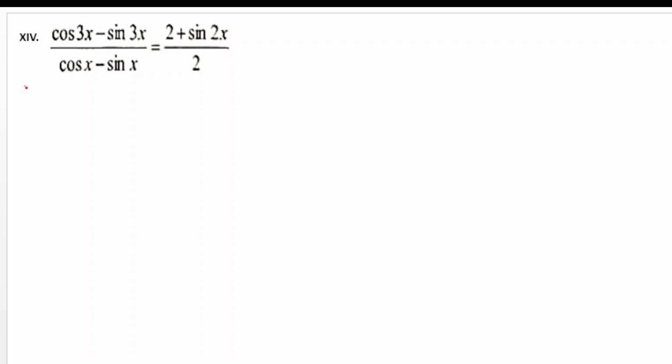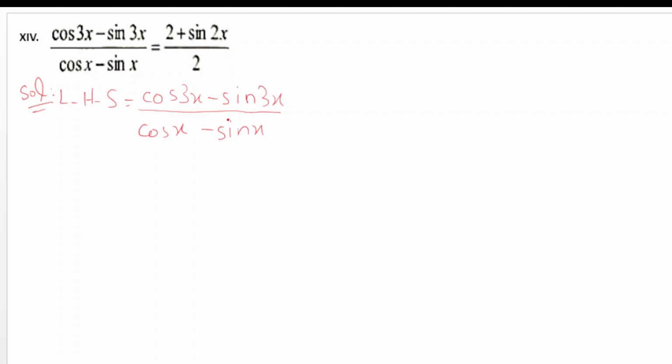Here we need to take the left hand side. So let me write here the left hand side. That's going to be cos 3x minus sin 3x over cos x minus sin x.